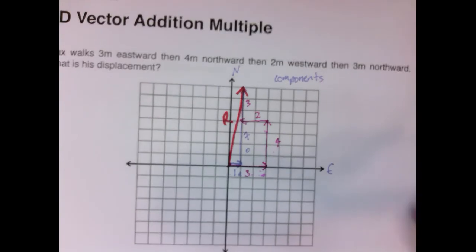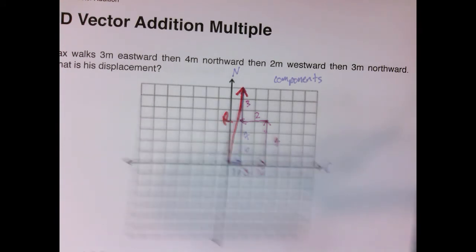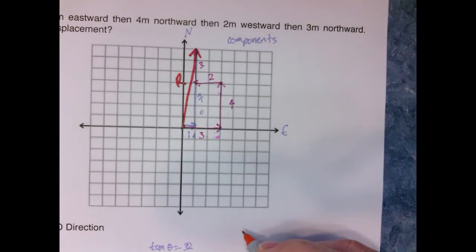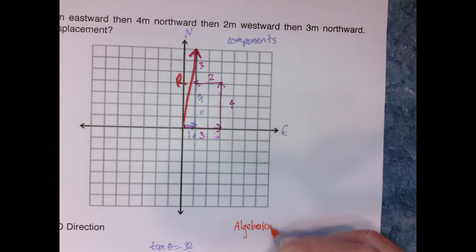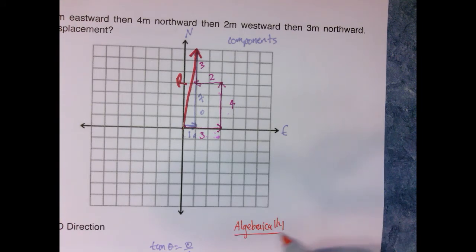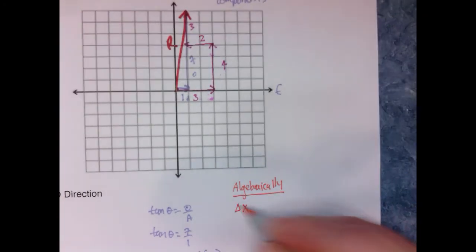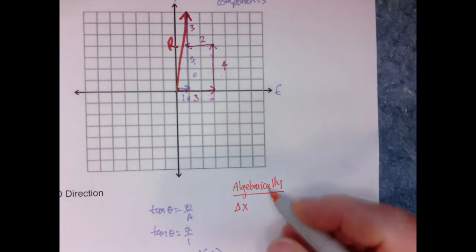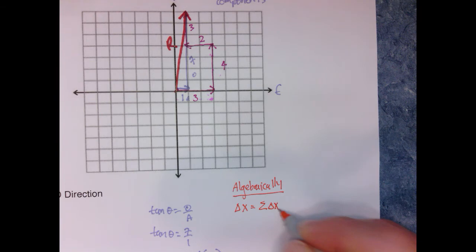I'd like us to go back, though, and consider the information we were given before. If we were to do this algebraically, we would need first to treat our x's. Our delta x, our displacement for x, would be the sum of the displacements in the x direction.